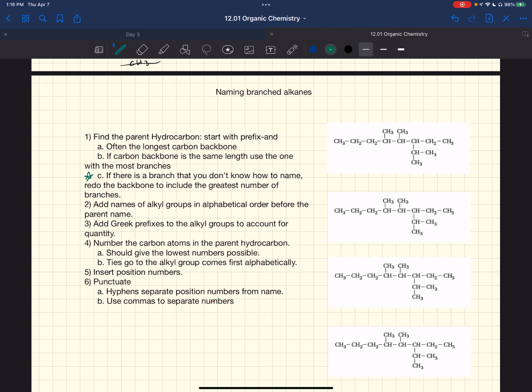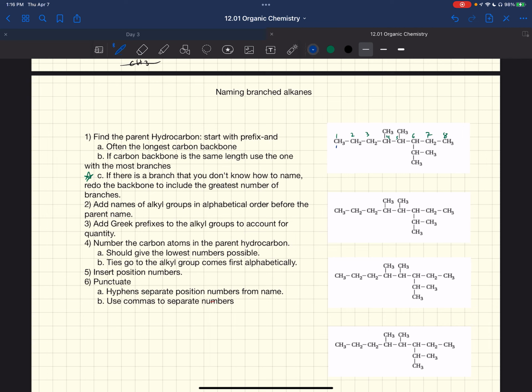And there's a little thing here. If there is a branch that you don't know the name of, redo the backbone to include the greatest number of branches, right? So for example, if I start numbering this one this way, oh, that's going to mess me up later. Now I don't know that the name of that is going to be a little bit tricky.